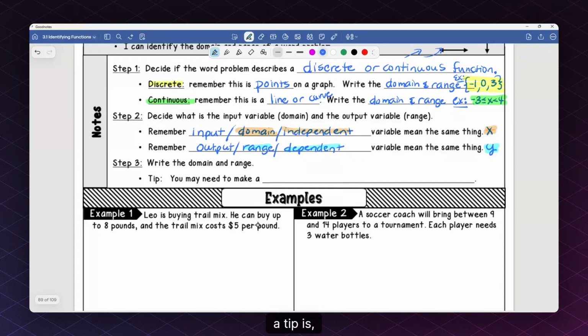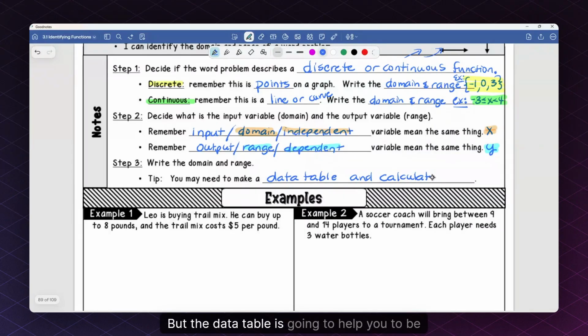A tip is that you may need to make a data table, and you will definitely be doing some calculations. But the data table is going to help you to be organized. We want to be organized with this.